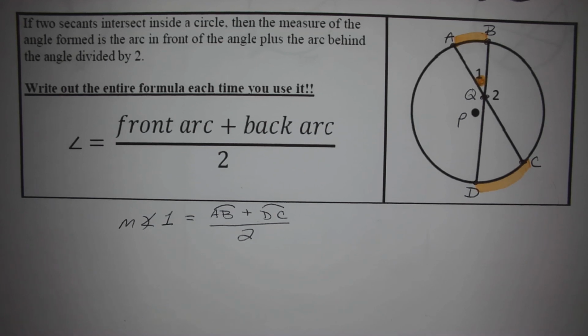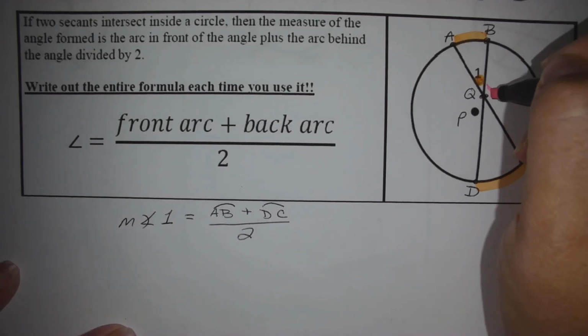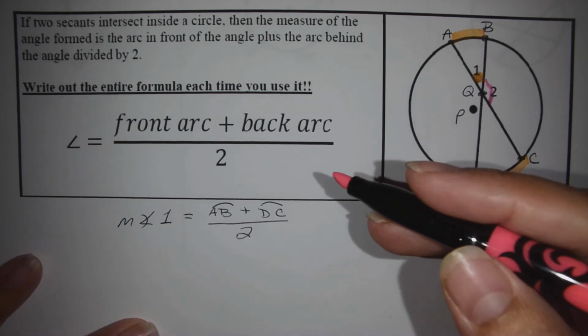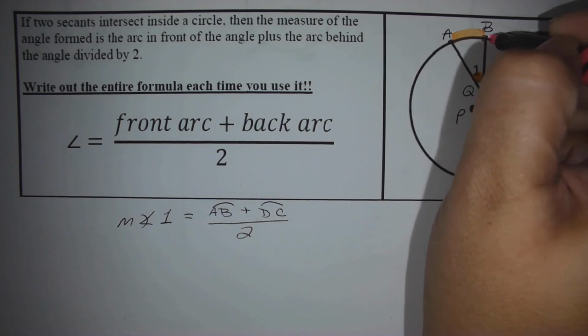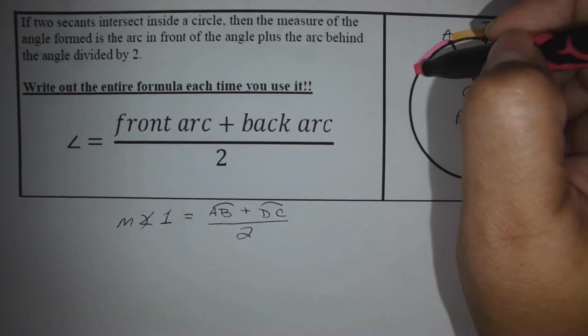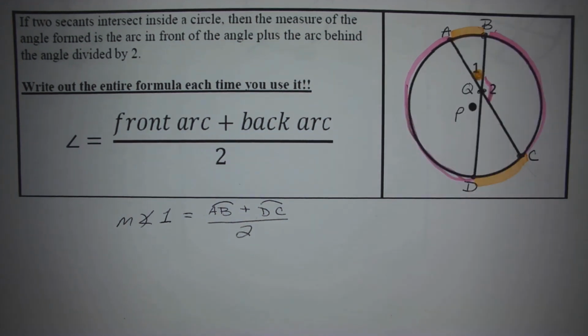The next part would be angle 2, because we got all these different angles. Angle 2 right here is going to look at the front arc and the back arc for that one. So we're looking at this arc over here and this arc over here.